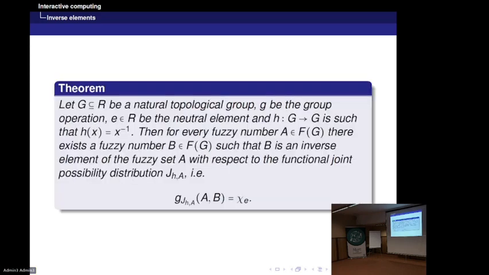For this, we have this statement: if you take this natural topological group, then for every element we can find a fuzzy number such that, with respect to this joint possibility distribution, we find an inverse element. So this fuzzy set B is the inverse element of fuzzy set A. This confirms the result for addition, but extends the result for multiplication.